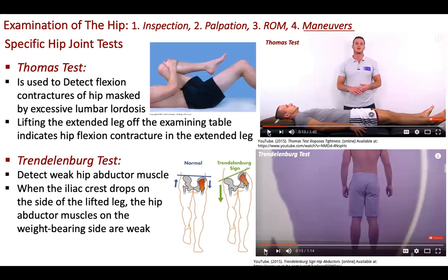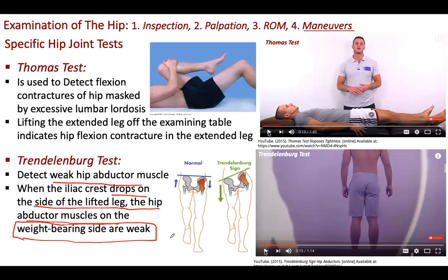Actually, the Trendelenburg test is an interesting one. It detects weak hip abductor muscles. When the iliac crest drops on the side of the lifted leg, the hip abductor muscles on the weight-bearing side are weak. So let me explain this.